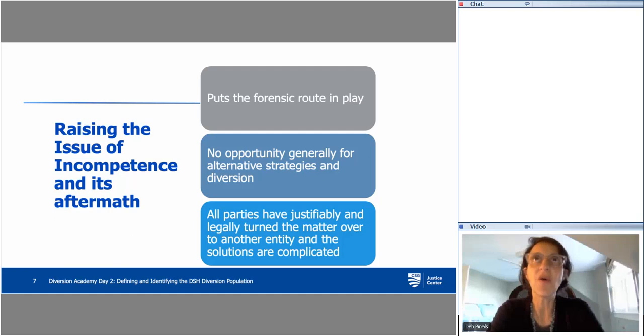And what happens, ironically, is these other programs that communities have built out for, quote, mental health diversion become unavailable to individuals for whom competency is raised.